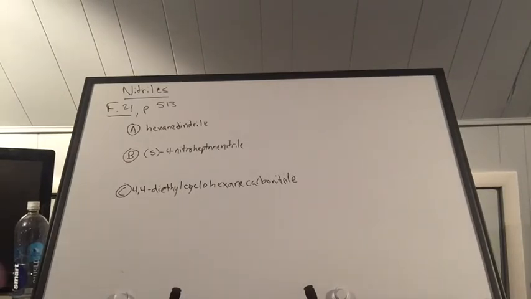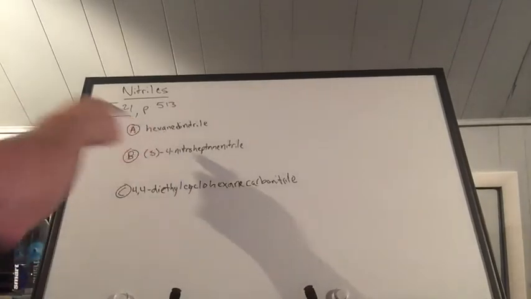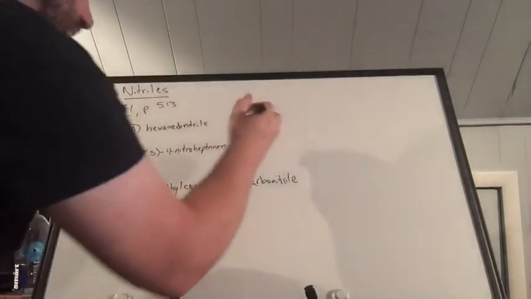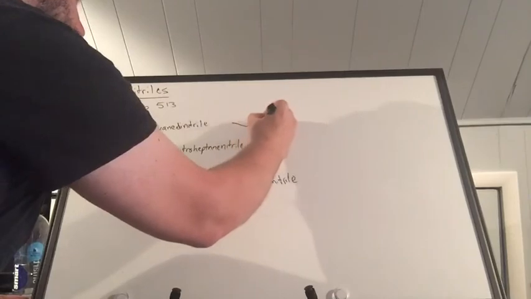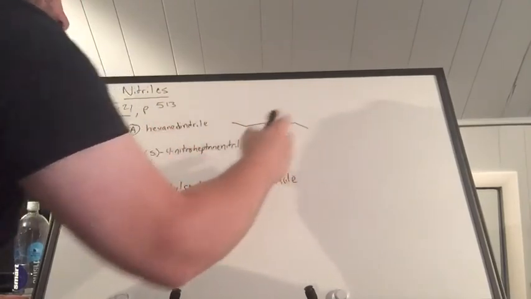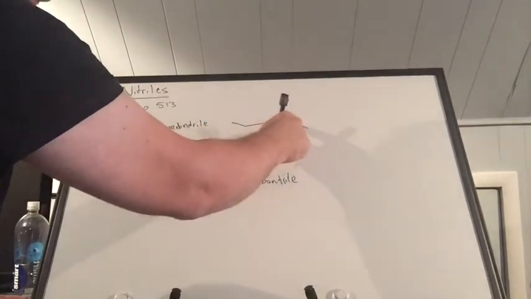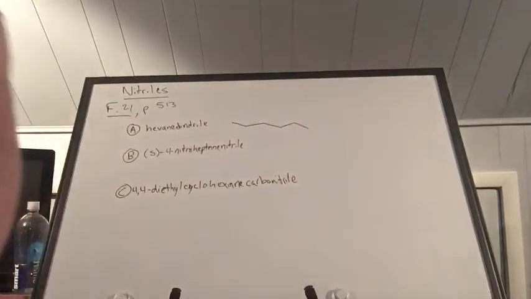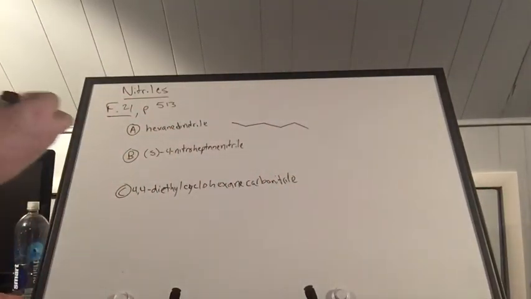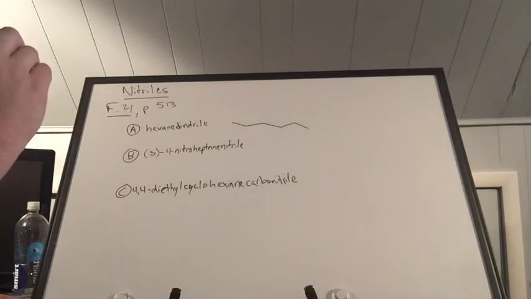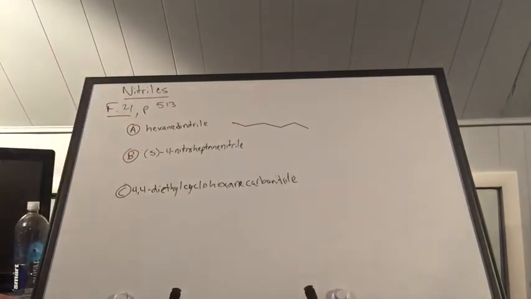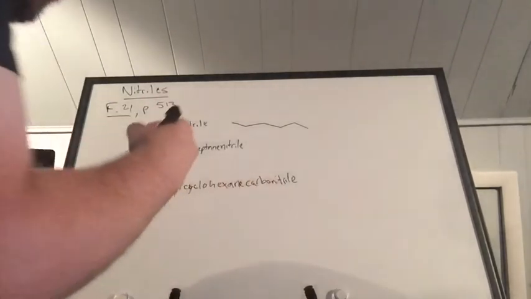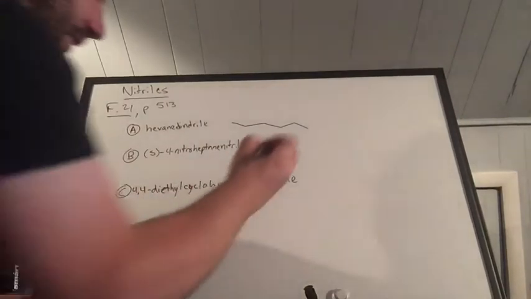Okay, so we're going to have a count of 6 carbons that are contiguous. So 1, 2, 3, 4, 5, 6. Okay. Now, if it's a dinitrile, that means there are 2 nitrile groups. Remember that nitriles are always going to be terminal.